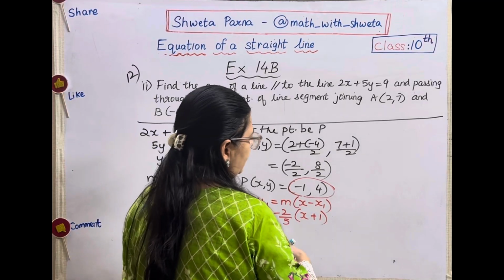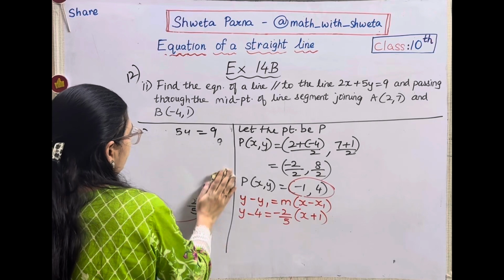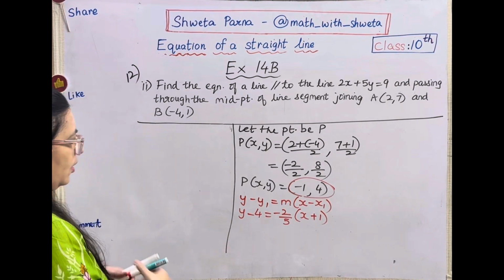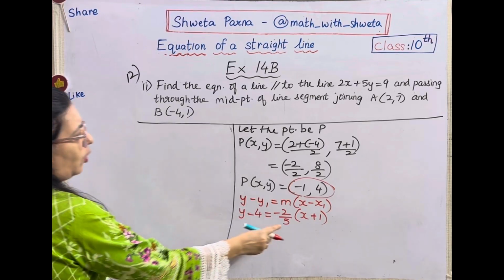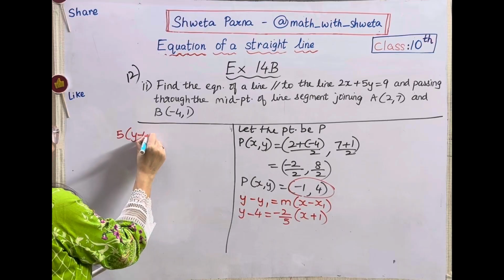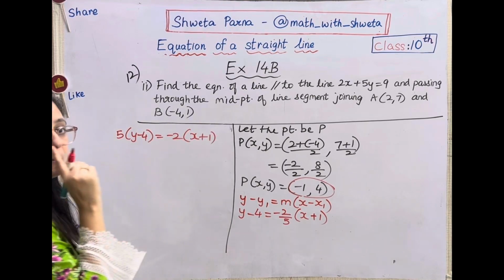Now let's solve this. I'll erase from here. Let's open the bracket, or we can do one thing, take 5 to this side, it becomes easier. Y minus 4 is equal to minus 2 into x plus 1.